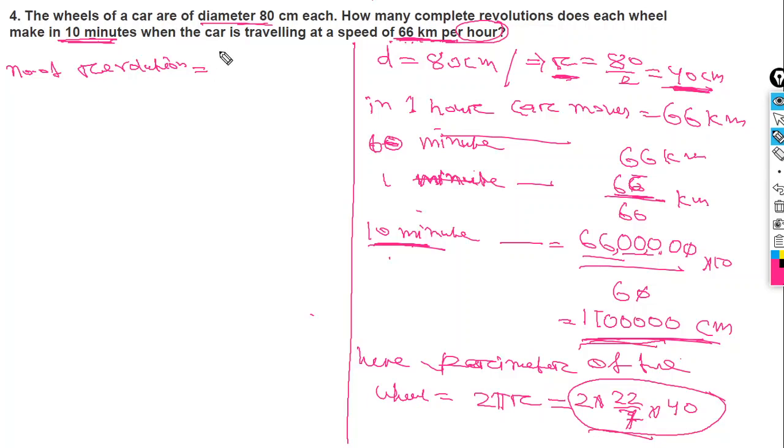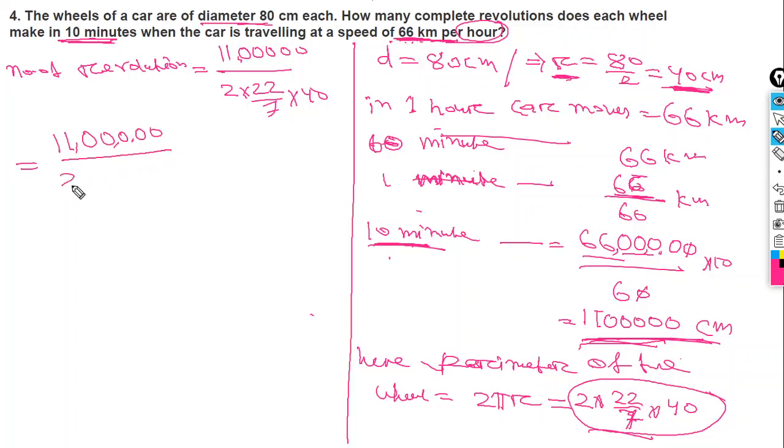So we'll write 11 then 5 zeros, divided by 2 into 22 by 7 into 40, and then further simplified it will be this much, divided by 2 into 22 into 40 with 7 here.